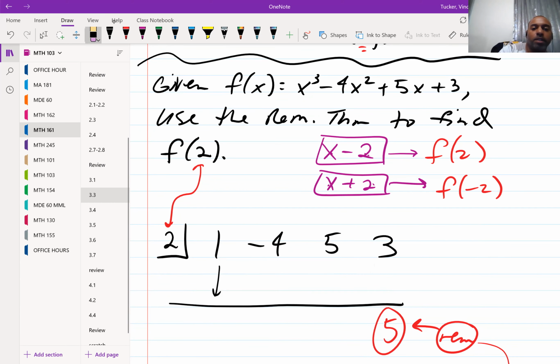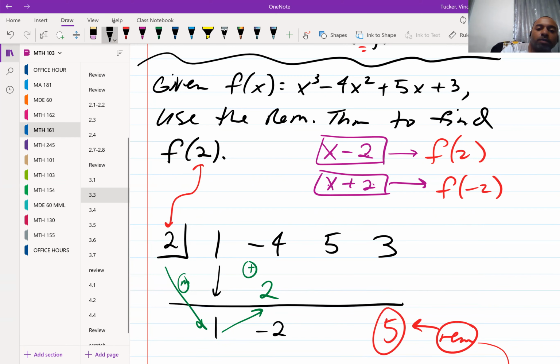So once again, because it's given to us in this form, we just use the 2 that they give, and use each one of our coefficients, 1, -4, 5, and 3. Bring down your 1. Two times 1 is 2. Add these together.